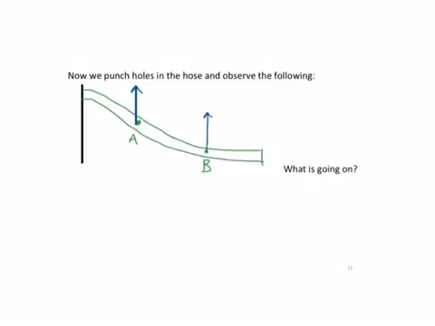So maybe this isn't too surprising, because one of the things we didn't include in the Bernoulli equation already is friction. So friction is what's going on here. So let's just go ahead and define some terms. Let me draw a straight line here. So there appears to be a loss in total head between points A and B here.